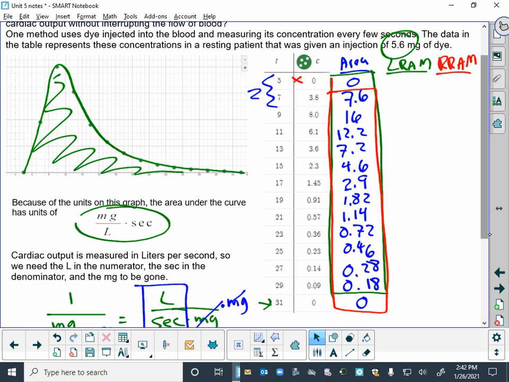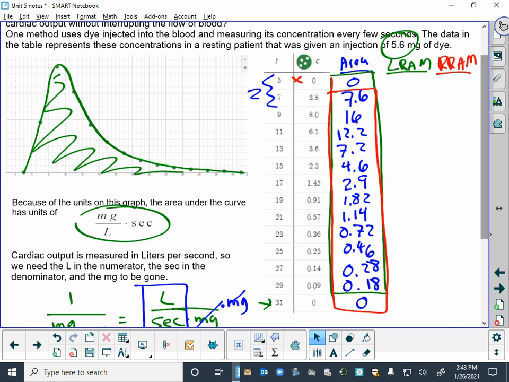7.6 plus 16 plus 12.2 plus 7.2. We'll try to do this relatively quickly without making any stupid mistake button pushes. That's 1.82 plus 1.14. I'm on my calculator right now, by the way. Plus 0.72 plus 0.46 plus 0.28 plus 0.18.